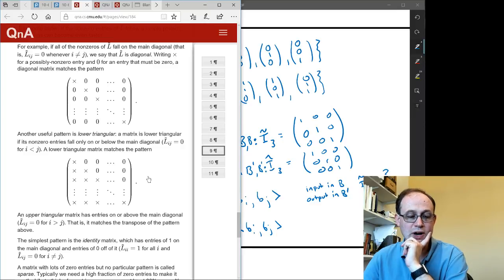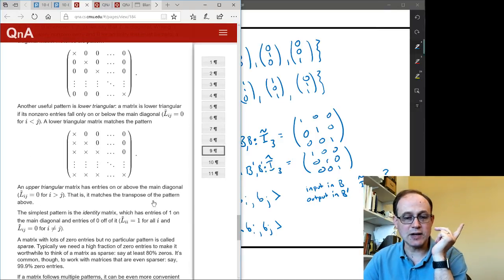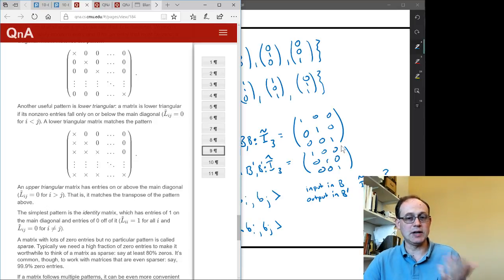Similarly, there's an upper triangular matrix, which is the transpose of a lower triangular matrix. And the absolute simplest pattern is the identity matrix, which is this matrix right here. It has ones on the main diagonal, so it's a diagonal matrix, but it's even more constrained than a diagonal matrix because all of the diagonal entries are the same and they're equal to 1.